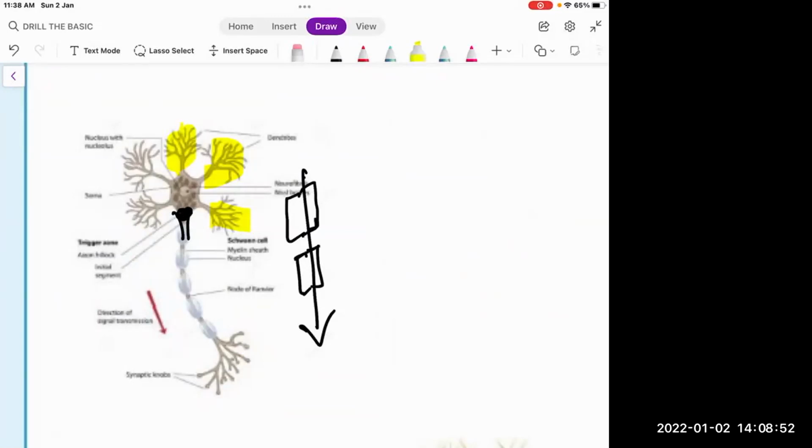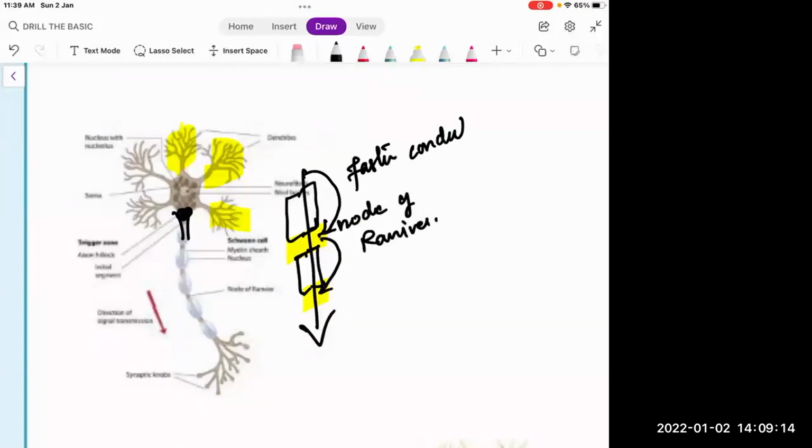You don't have the myelin sheath in between, and those spaces are called nodes of Ranvier. That is the place where the jumping of potential will take place. So this favors faster conduction of the impulse.